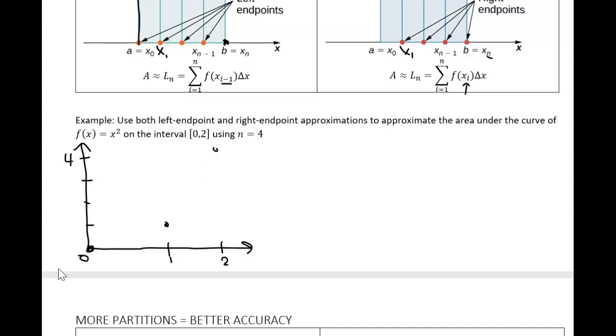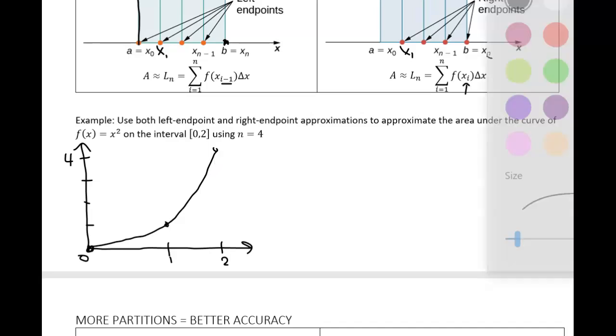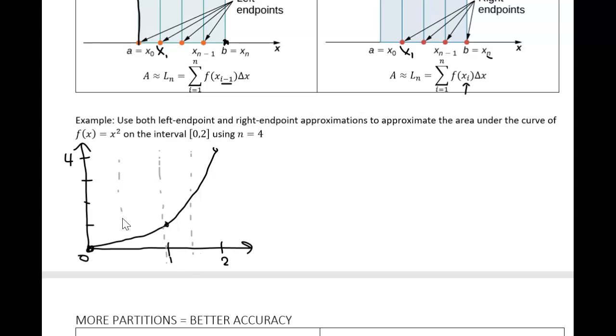So we're going to have some curvature like so. And it's asking me for 4 partitions. So I'm going to switch to a gray color here. If I draw this vertical line here, that is 2 partitions, 1 and 2. So I'm going to need to draw one here and here to get 4 partitions.